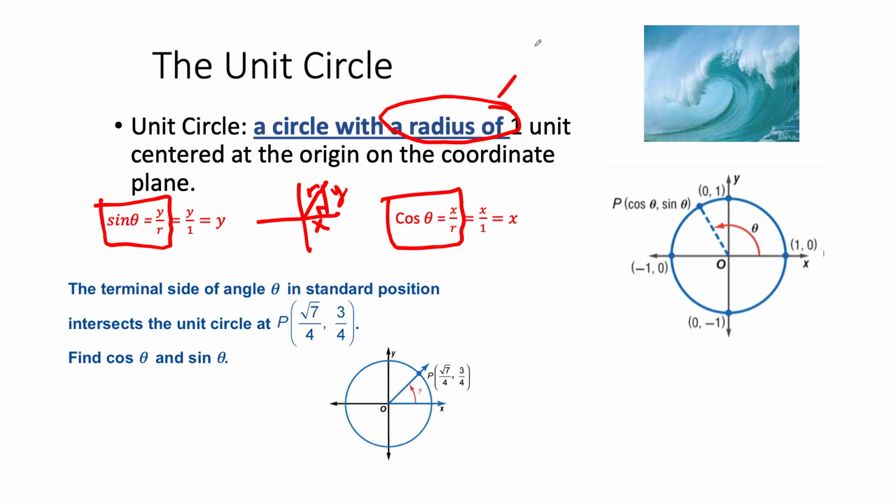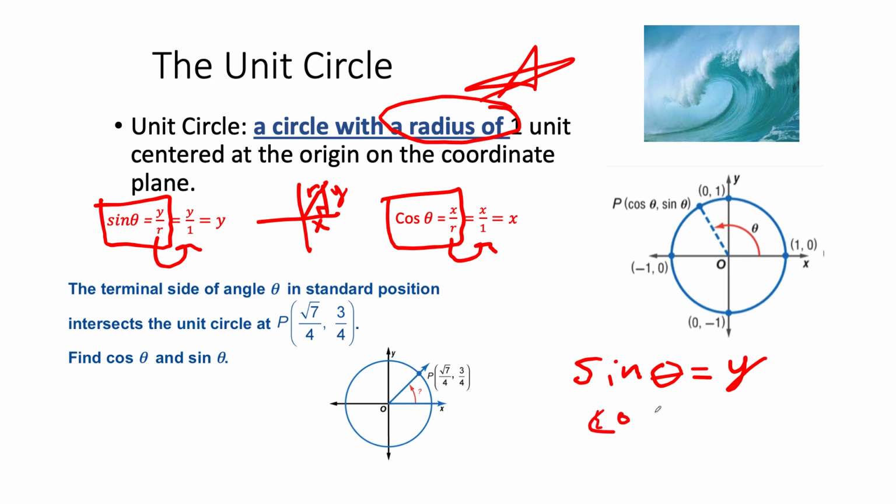So now, if we're going to dictate that the radius is always going to be 1, then we are going to be able to dictate that the most important thing here is the sine is always going to be simply the y coordinate, because if the r is 1, then you are guaranteed that the sine is the y coordinate and the cosine is the x coordinate because you're dividing by 1.